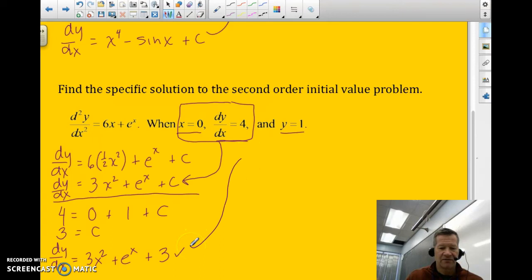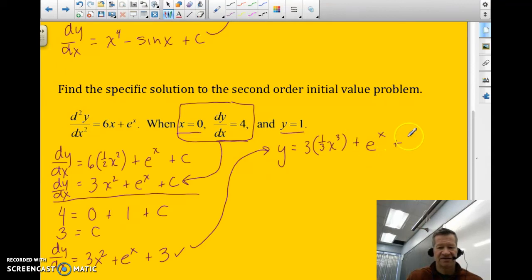Continuing now, so let's find the solution. So now the antiderivative of dy dx would be y equals 3 times the antiderivative of x squared, which is x cubed times the reciprocal, plus the antiderivative of e to the x, which is still e to the x.